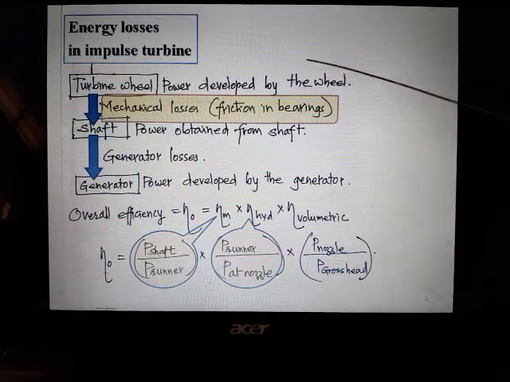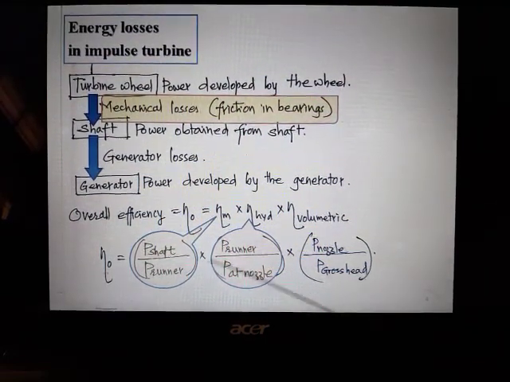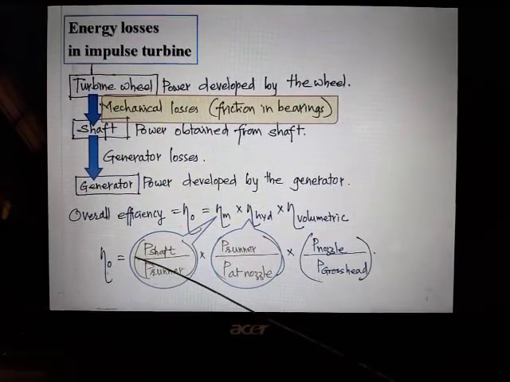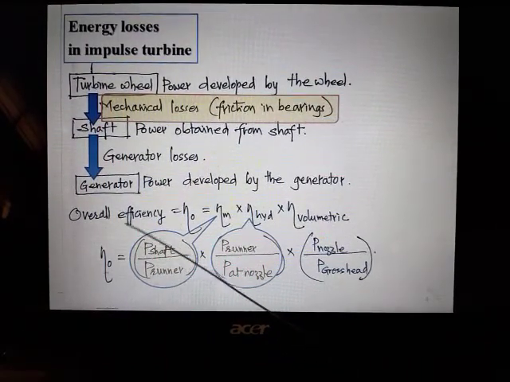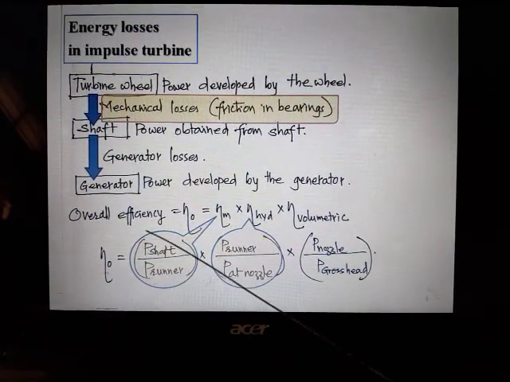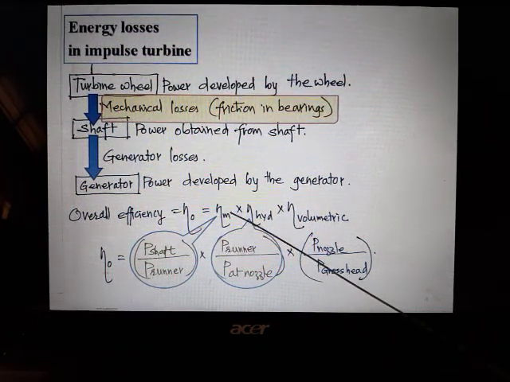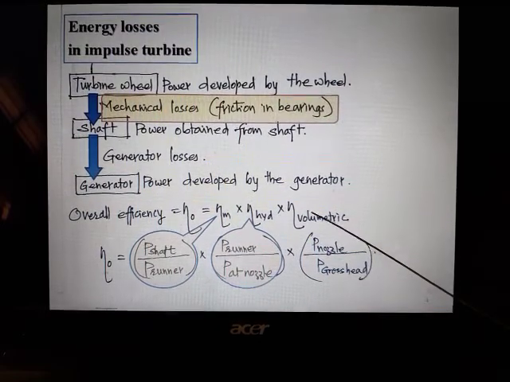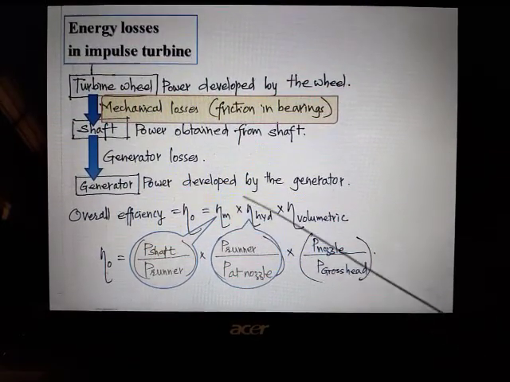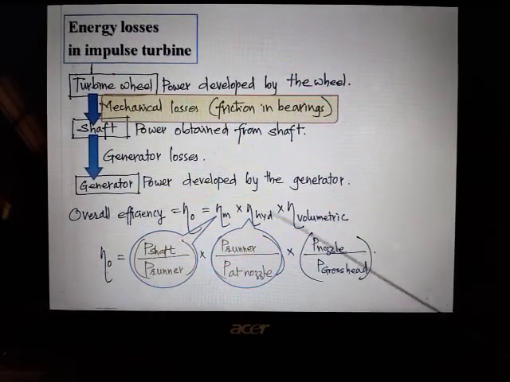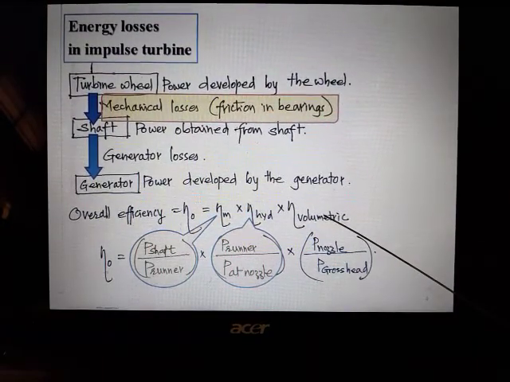Now with these losses, we can define a number of efficiencies. One major efficiency is overall efficiency. Overall efficiency is a product of three efficiencies: mechanical efficiency, hydraulic efficiency, and volumetric efficiency.